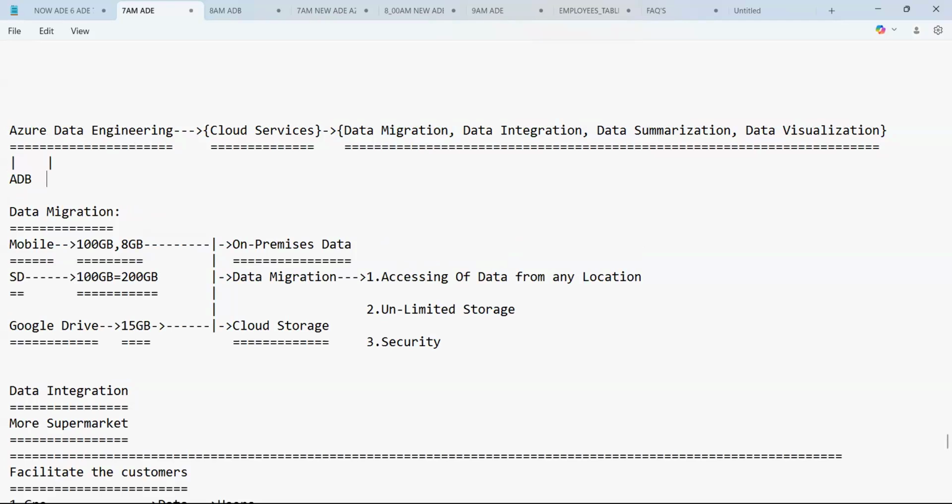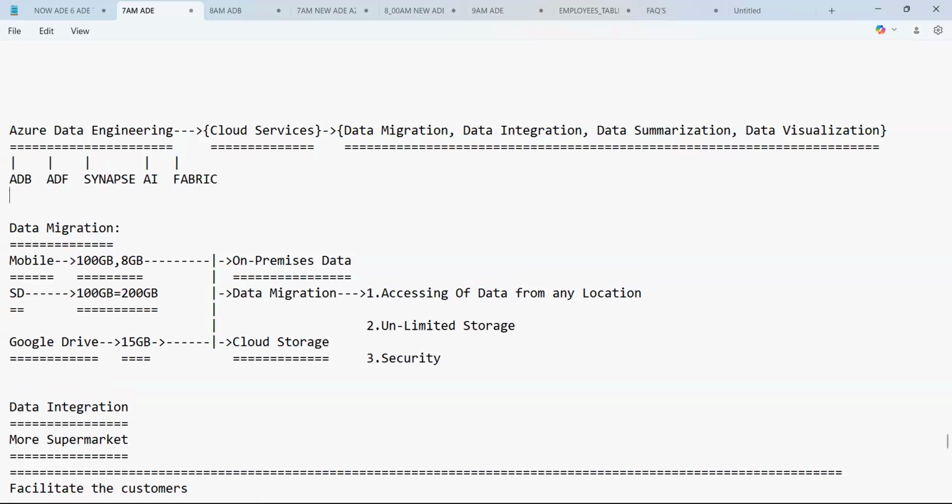ADB is the first one and ADF is the second one, that is Azure Databricks and Azure Data Factory. Then we have Synapse, then AI, and then Fabric. All these are the services we can have here.